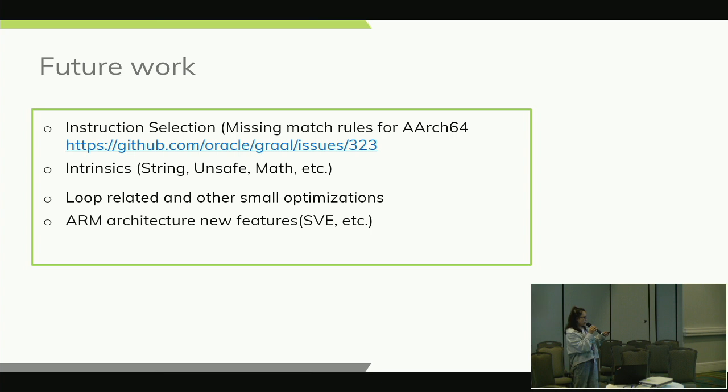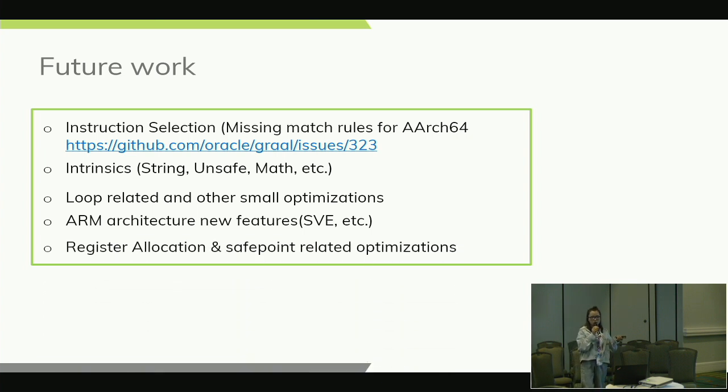Also, some new ARM architecture features like SVE and auto vectorization are not supported yet, so we will also spend some time to take a look at them. Also, there are some issues for the register allocation, like stack splitting, so we will also take a look at it.